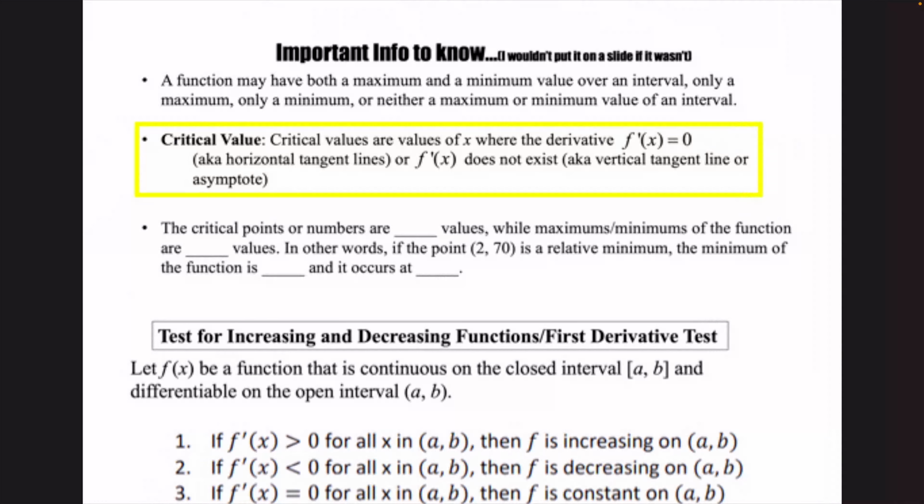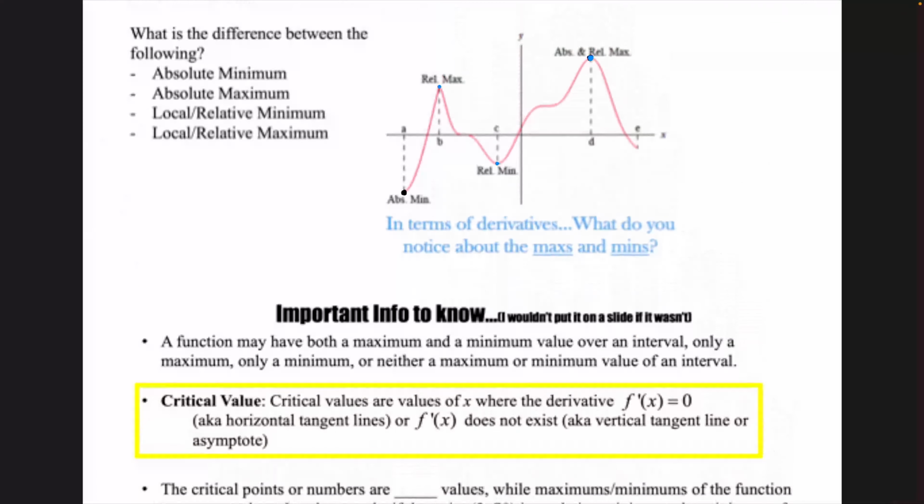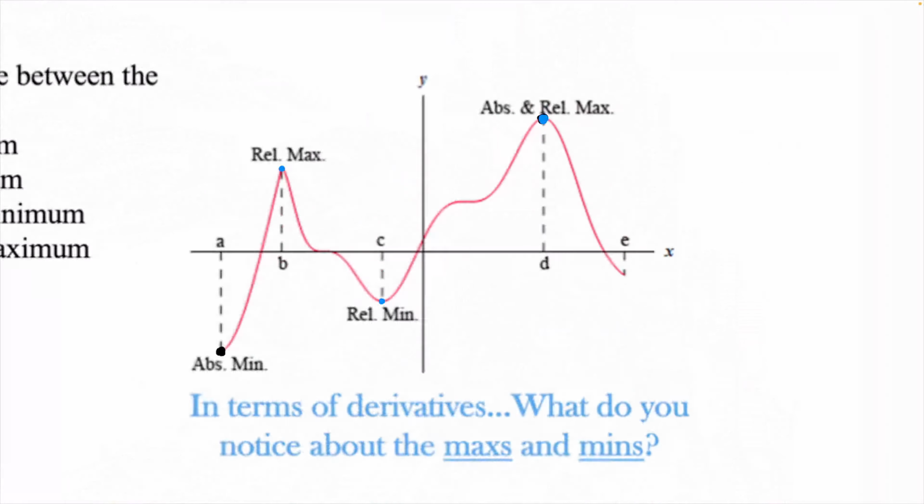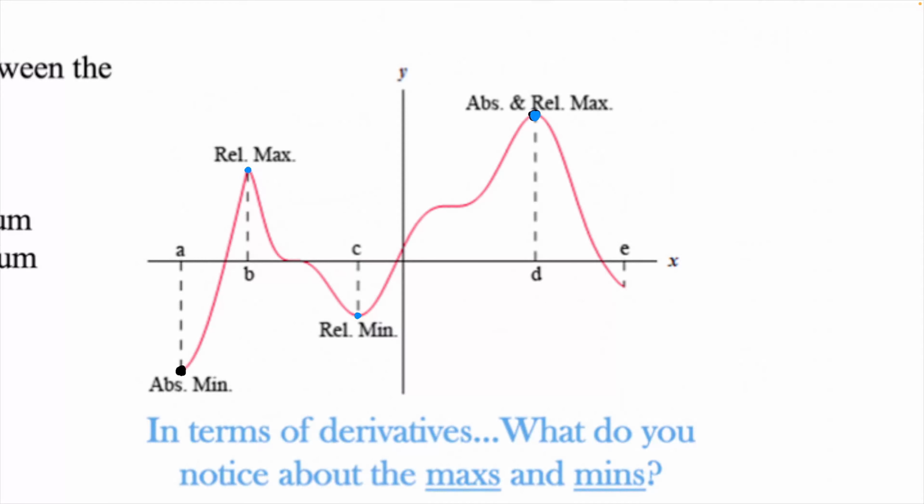Critical values. So critical values are values where the derivative is 0. Let's go back to our picture here. The blue dots, we said, are where the derivative is 0, right? Those blue dots are called critical values. So when I say critical values, I'm talking about blue dots.